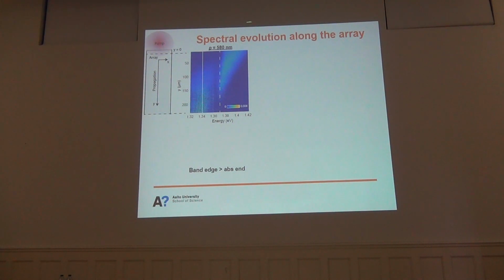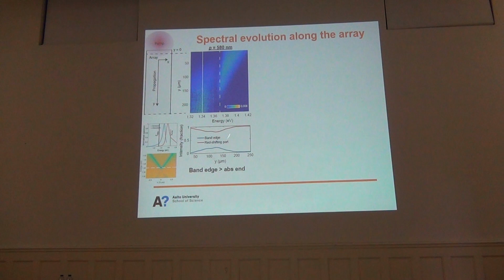But in this case we have chosen the periodicity so that the band edge is higher in energy than the absorption edge. So you can imagine that when the redshifted light reaches the band edge bottom, there's still quite a high absorption probability from the molecules. So the molecules will absorb the photons and emit them to lower energy, somewhere in the lower dispersion branch. And this is because our band edge is so high.